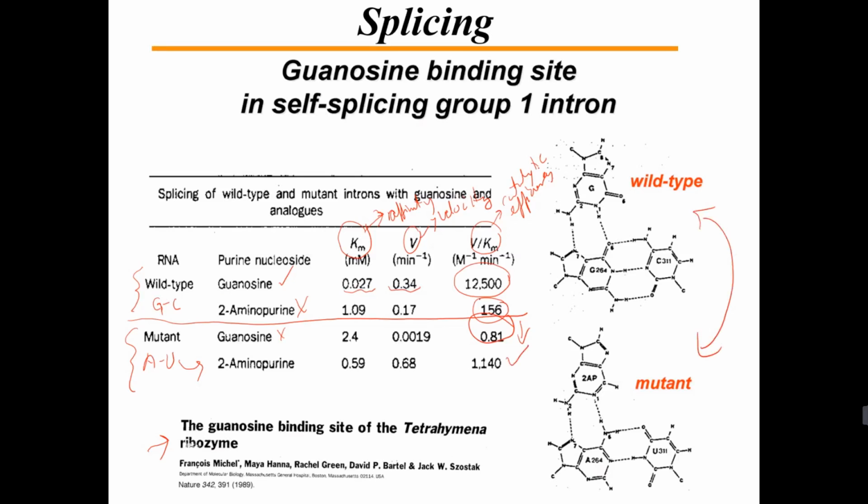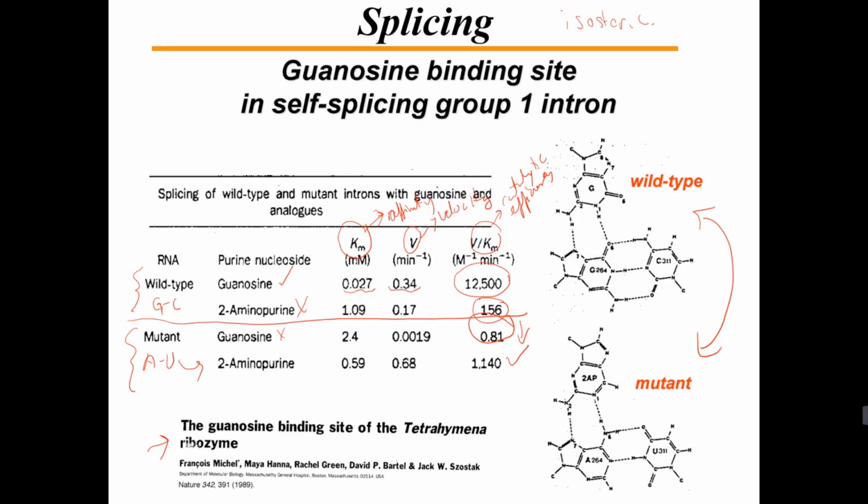This can best be explained by the chemistry and why the AU double mutant worked in the presence of 2AP. And again, it has to do with the terminology that the two, the wild type and the mutant, were isosteric in nature.